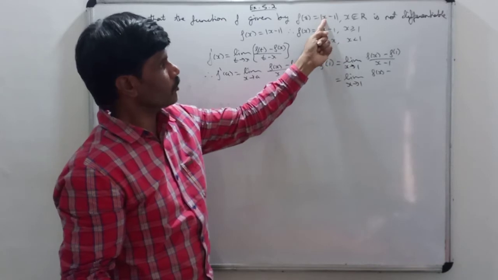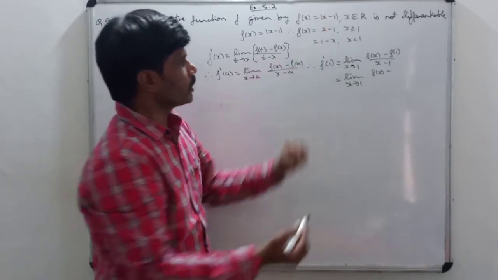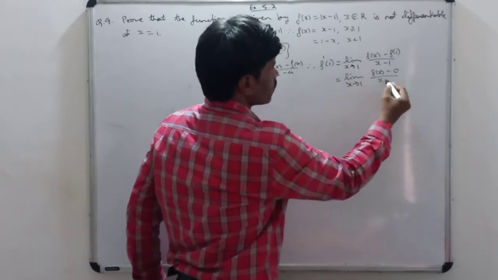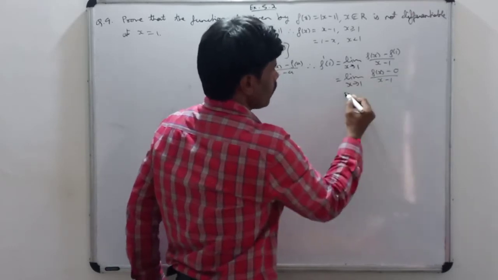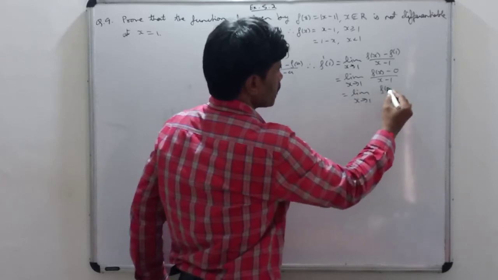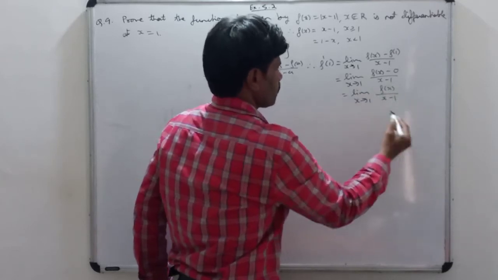Here in place of x you put 1. Mod 0 is 0. So that is equal to limit x tends to 1, f(x) upon (x minus 1).